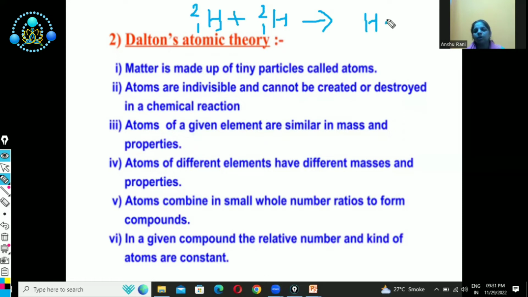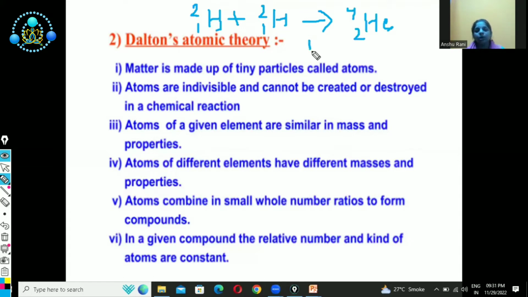This is a nuclear fusion reaction. Here we are taking two atoms of hydrogen, the second isotope of hydrogen, deuterium, and they combine to form helium. So a new atom is formed, old atoms are destroyed. So this is an example where you can say that atom can be created or destroyed.